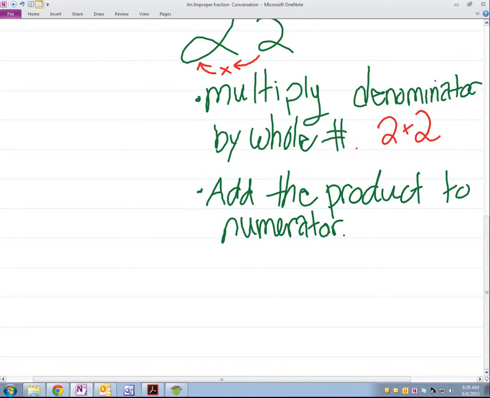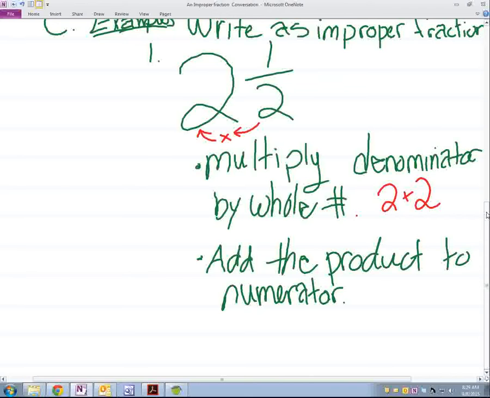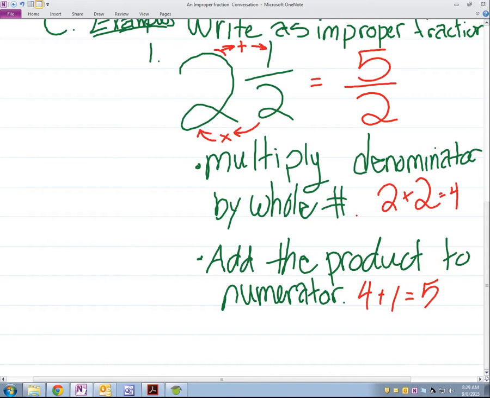And since we are multiplying something, that means we're going to be adding the numerator to 4, right? Plus that. So we have 4 plus 1 equals 5. So that means that we are going to have 5 halves. 5 halves.